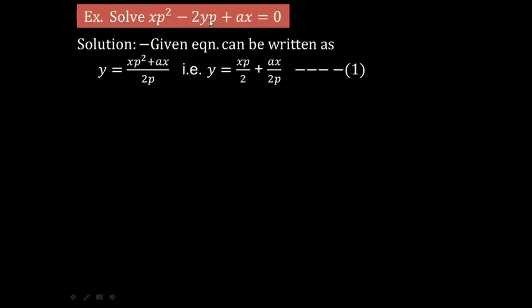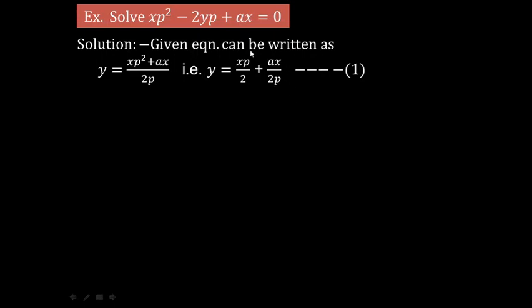So I can very well write this equation as y in terms of the other variables, that is x and p. So I will write it as y is equal to xp square plus ax upon 2p, which can be further written after separating the numerator as xp by 2 plus ax by 2p.